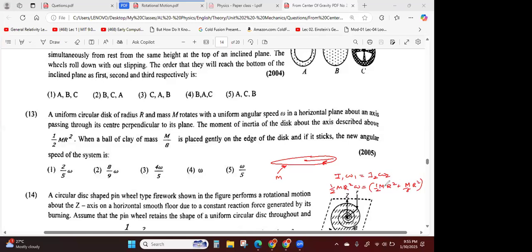Since it's a point mass, a small ball, its moment of inertia is simply mass times the distance squared, times omega 2.